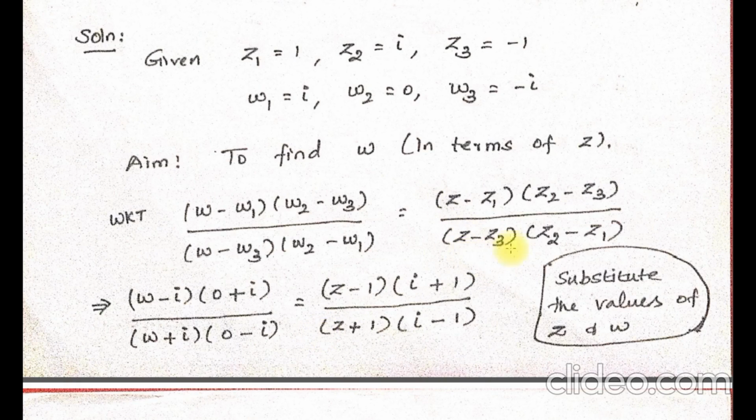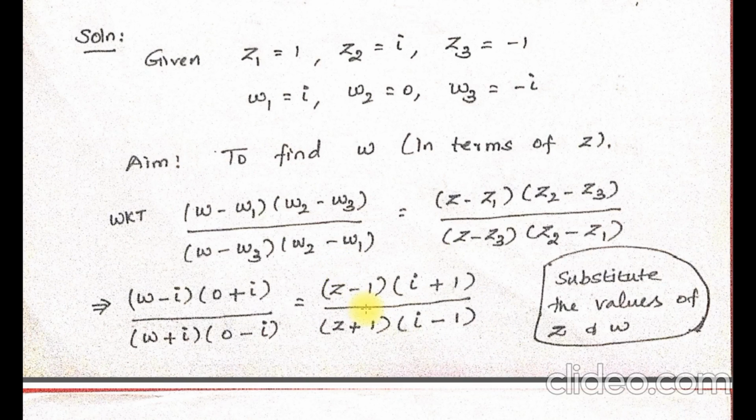The value of z3 is minus 1, so z plus 1, and for z2 minus z1 I am replacing i minus 1. So the very first step is to substitute the given values.